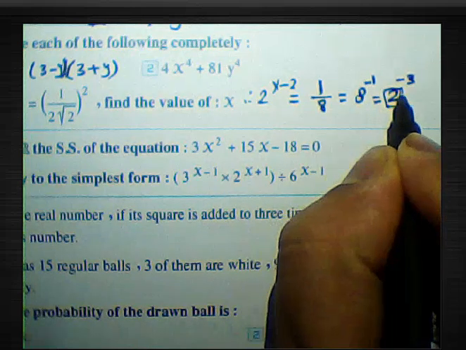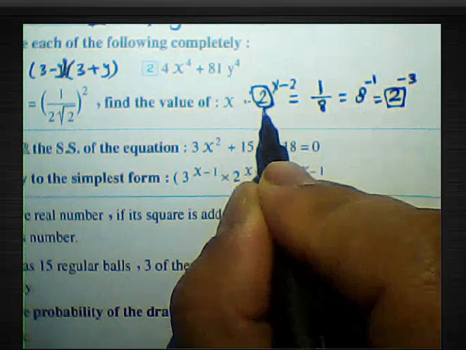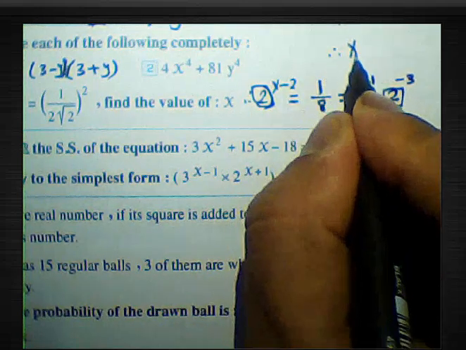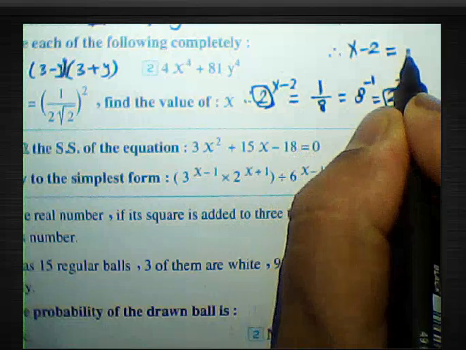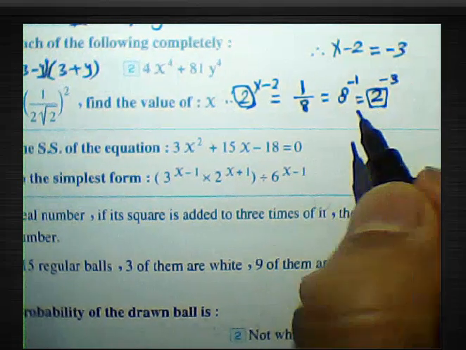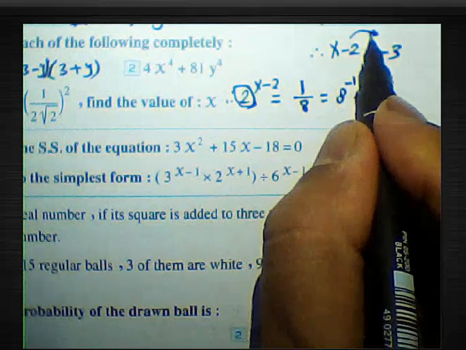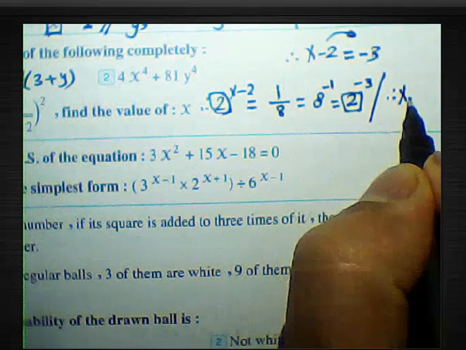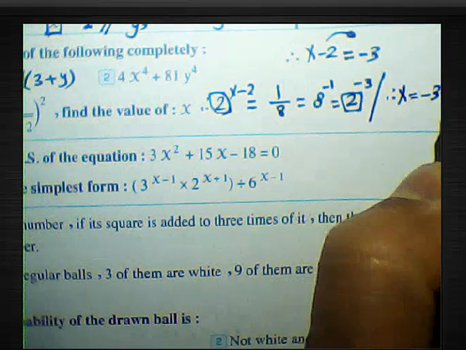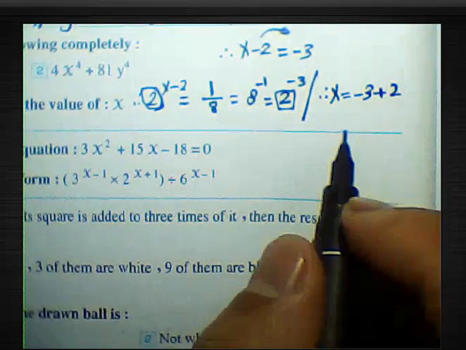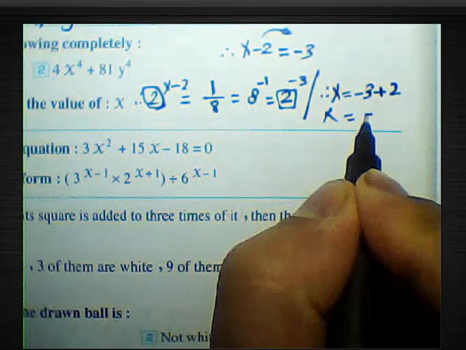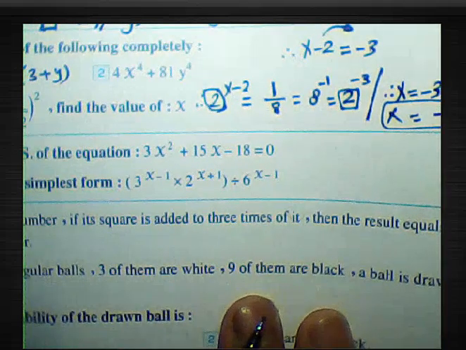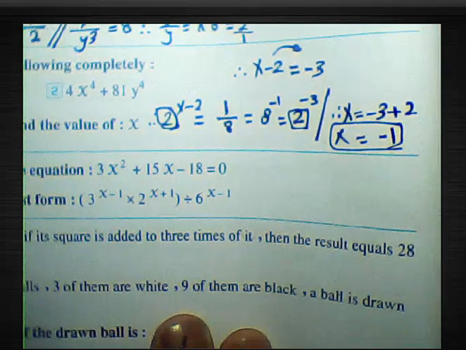Then we have the same base 2 on both sides, so x minus 2 equals negative 3. You can move negative 2 from the left hand side to the right hand side, then x will be negative 3 plus 2. X will be negative 1. It's the value of x. Okay, x equals negative 1.